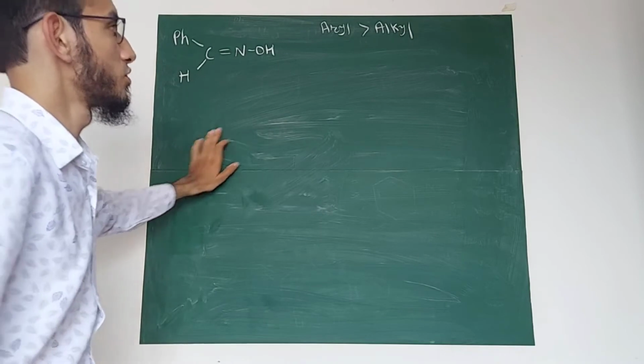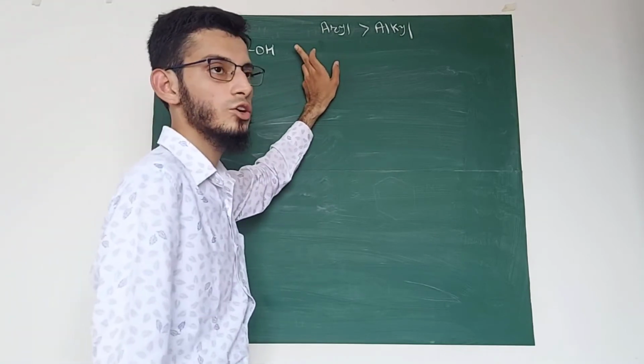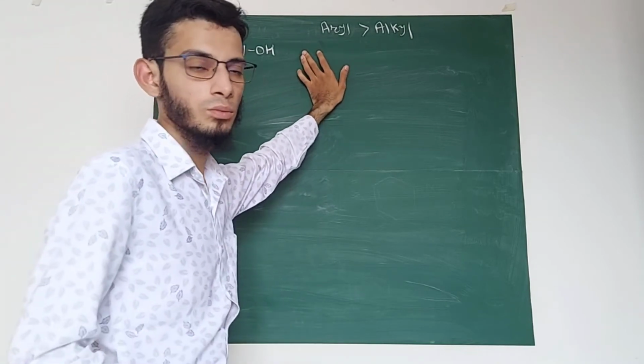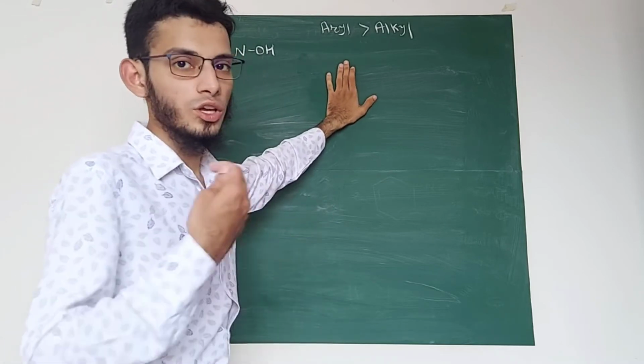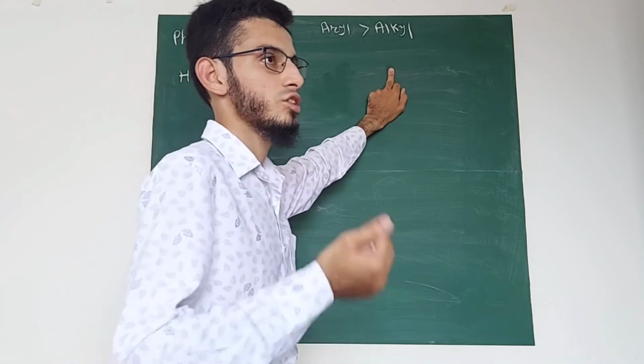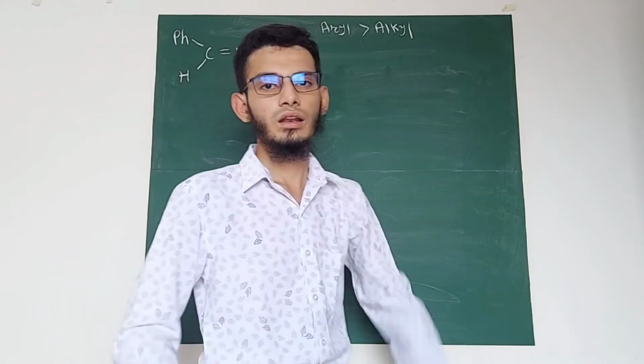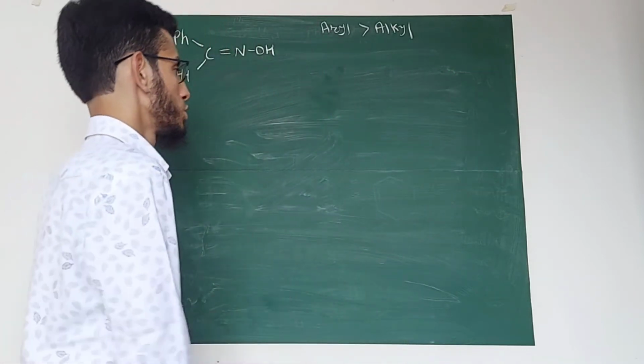In the aryl, first a phenyl with an electron withdrawing group, then phenyl, then with an electron donating group. Then in alkyl, first tertiary, then secondary, then primary, and then methyl.